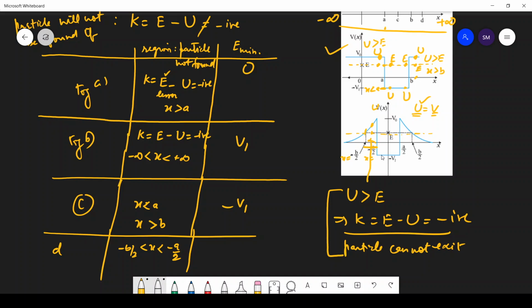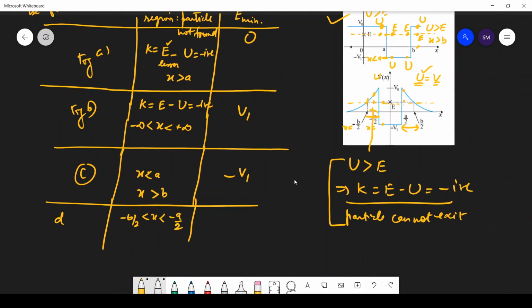Now here V is lesser than E, so that's all right. So here the particle exists. And what about here? U is greater than E, so the particle will again not exist in this region, and not in this region also.